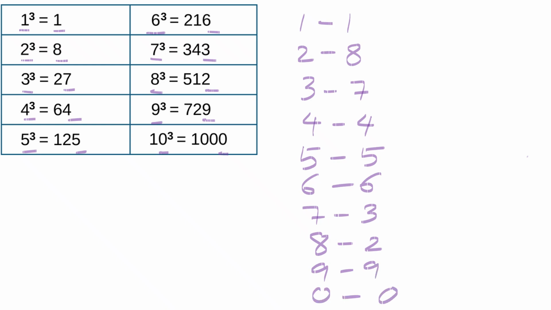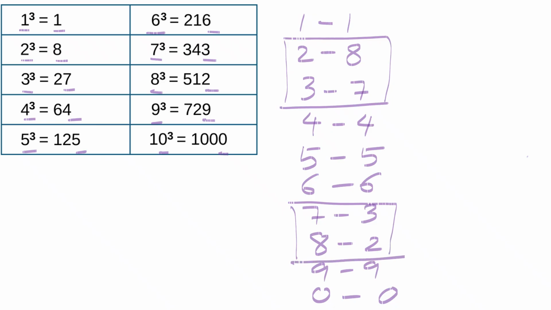So with this what we can conclude is that most of the cubes end in the same digits as their cube roots, right? But except this and this.